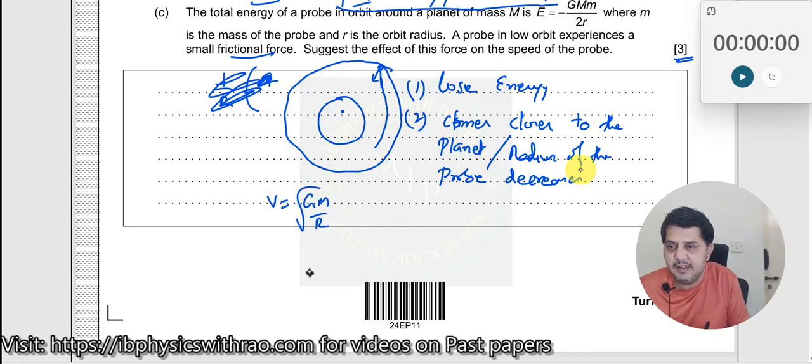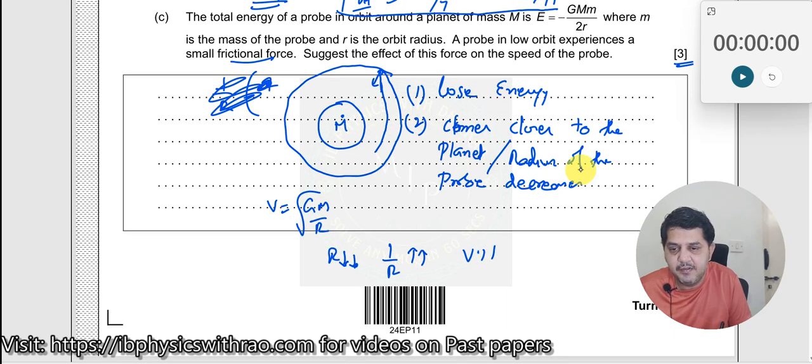When r decreases, then 1 by r increases. This GM you cannot alter because M is the mass of the planet and G is the gravitational constant. It only depends on r, so it's inversely proportional to r here. So when r decreases, what will happen to orbital velocity? V will increase. As a result of this, you can say that the velocity of the probe will increase.